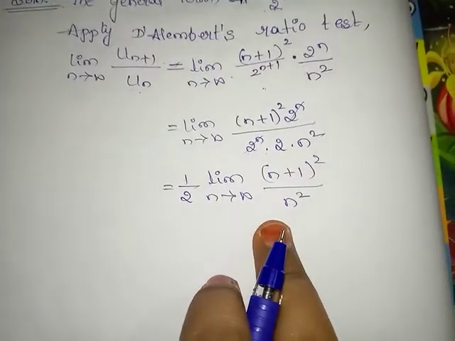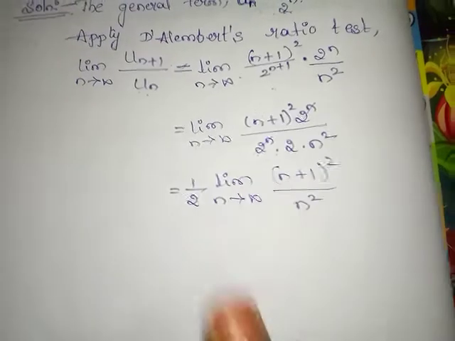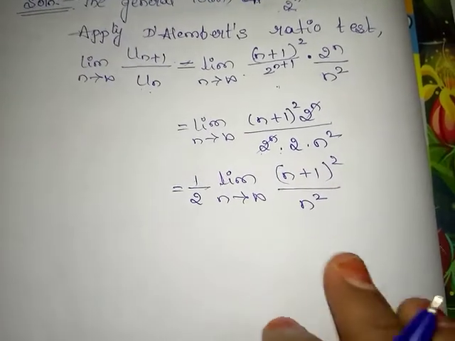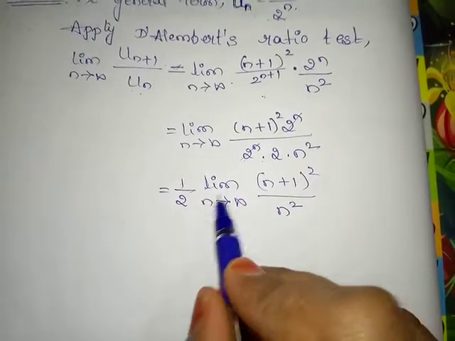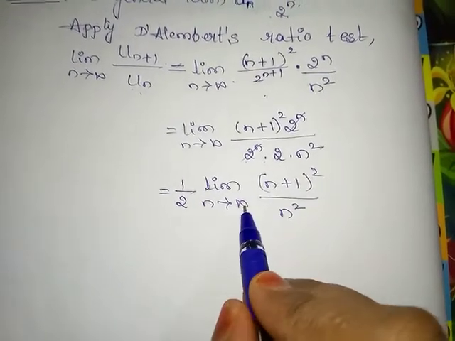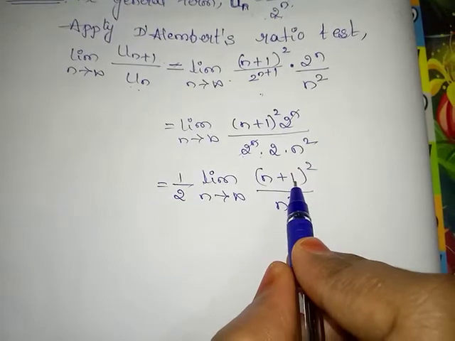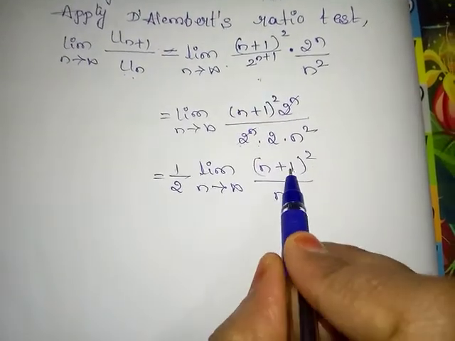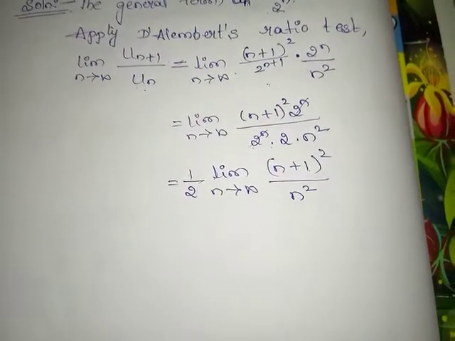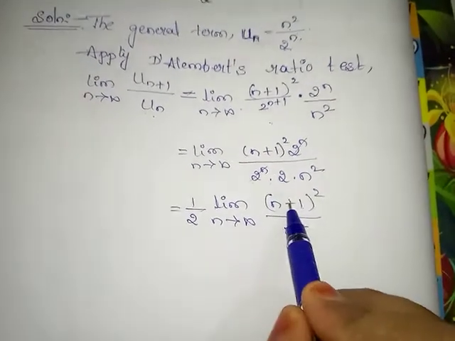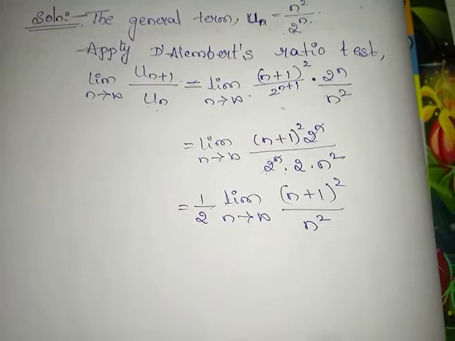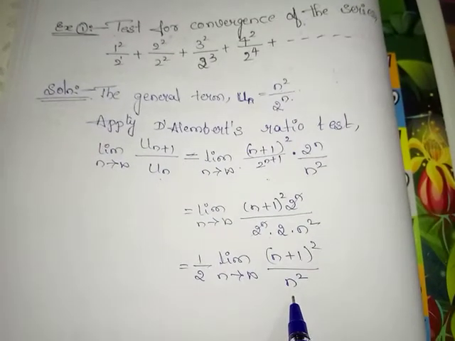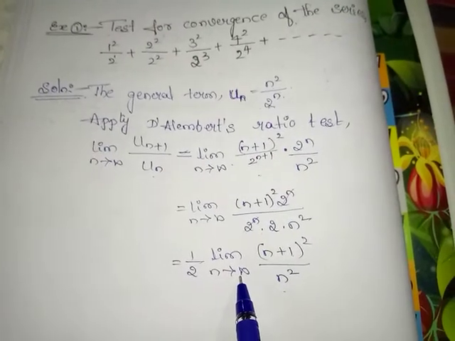See, now our duty is what? We have to apply the limit. But before applying the limit, just see what we will get after applying it. When we substitute n as infinity, infinity plus 1 is again infinity, infinity square is again infinity. It will be infinity square divided by infinity square, so we get an infinity by infinity term. Infinity by infinity term means we get an indeterminate value after applying the limit here.